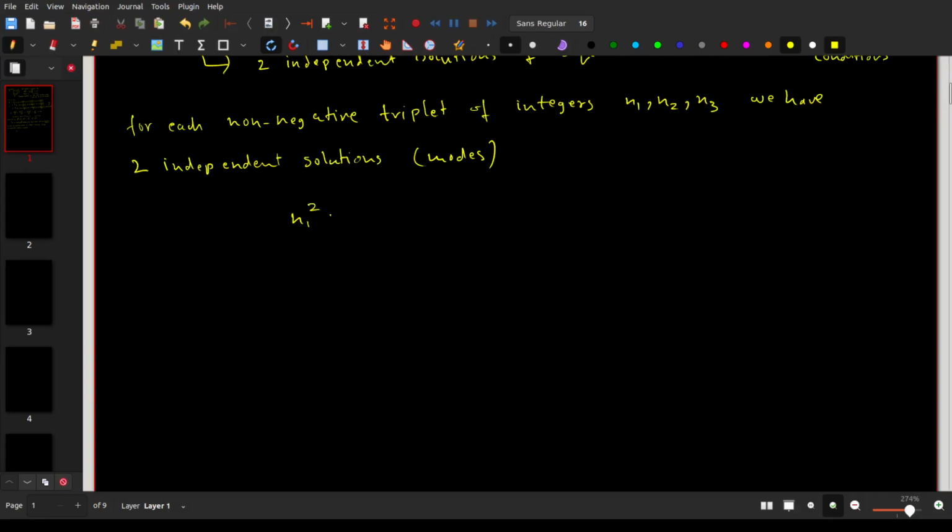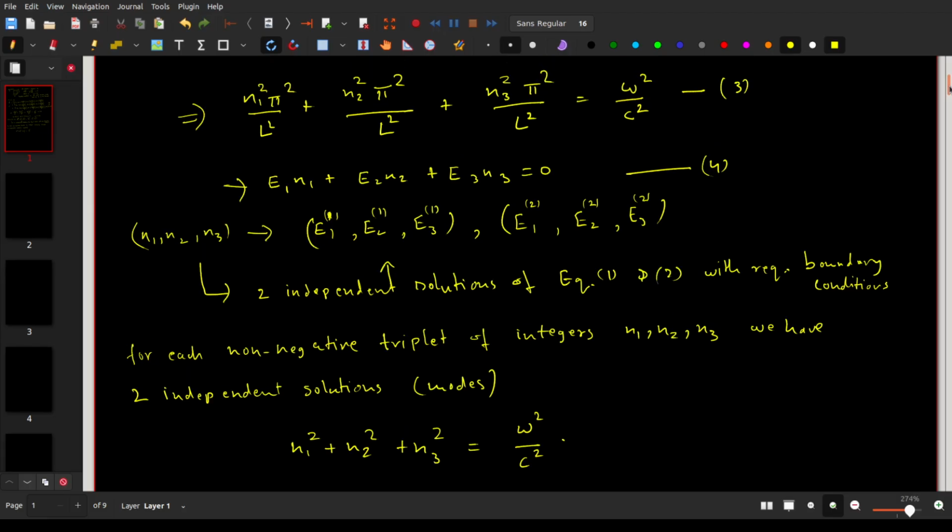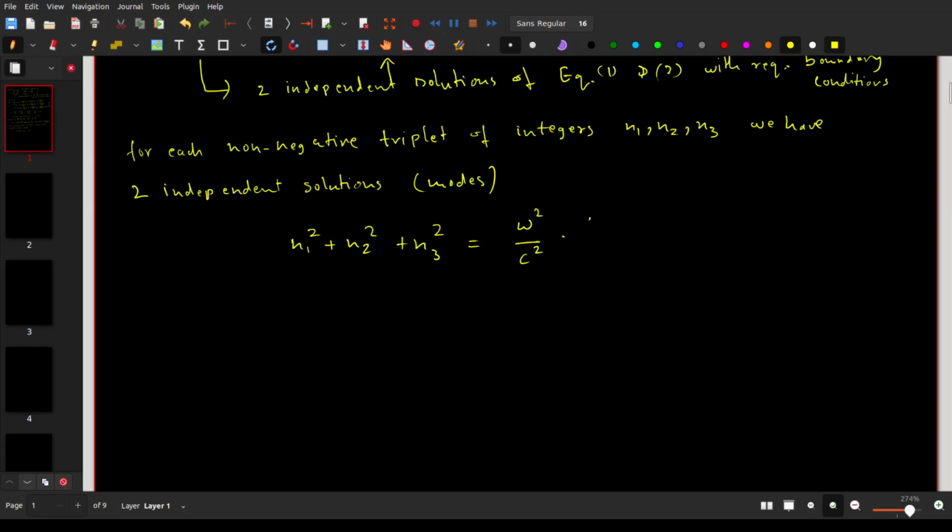We have n1 square plus n2 square plus n3 square equals omega square by c square times L square by pi square. But since omega is 2 pi nu, it becomes 4 pi square nu square L square divided by c square pi square, and we are left with 4 nu square L square by c square.